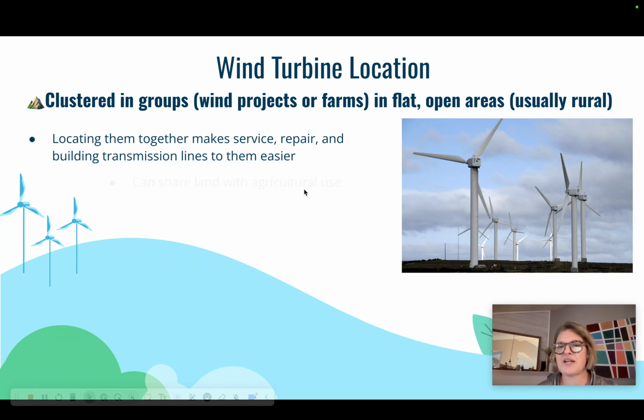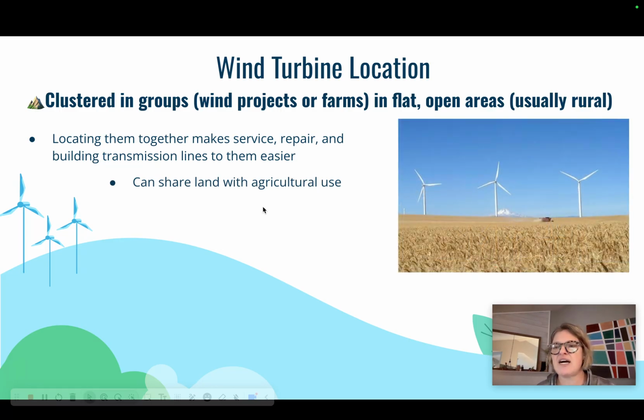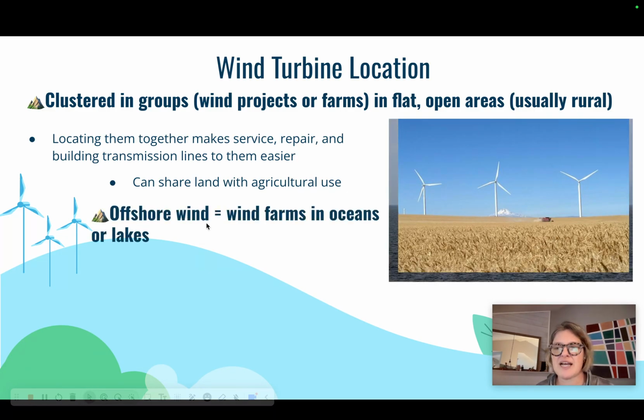So they tend to be clustered together. They can share land with agricultural use, which is a really nice feature. That's why we tend to see them in fields. And then farmers can actually reap the benefits of renting their land for the wind turbine. That's kind of nice for the farmer as well. It's kind of a win-win in that scenario.